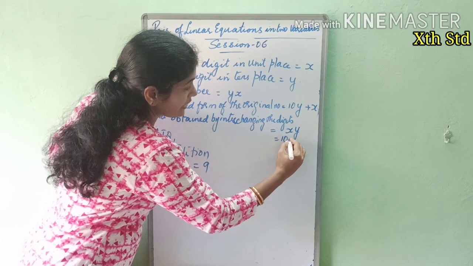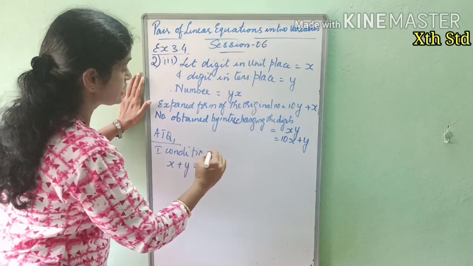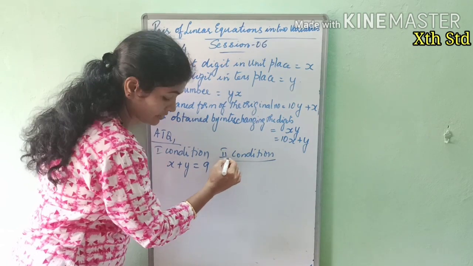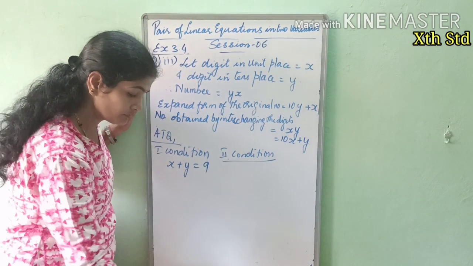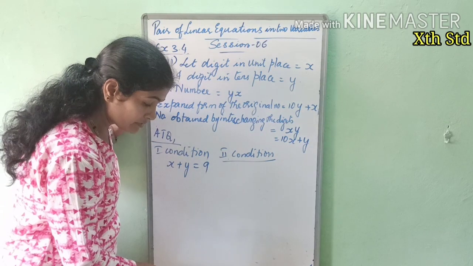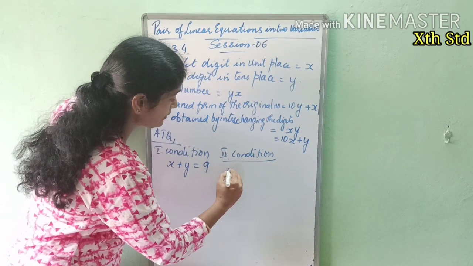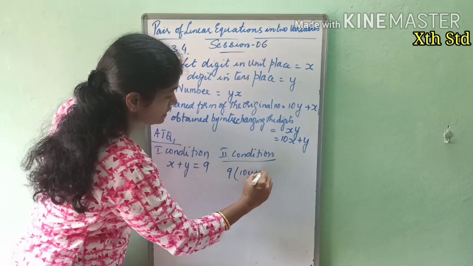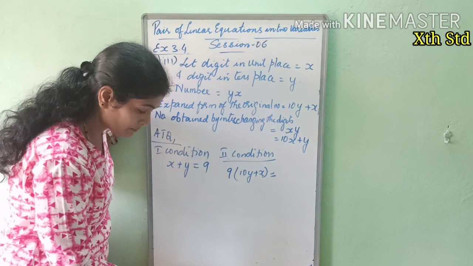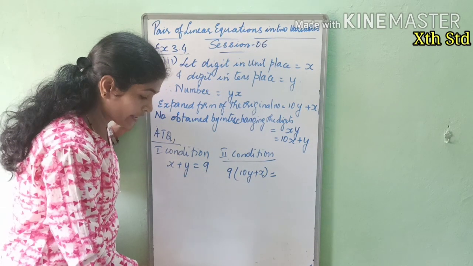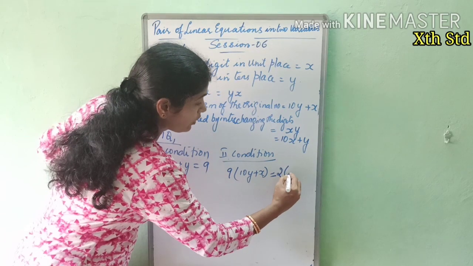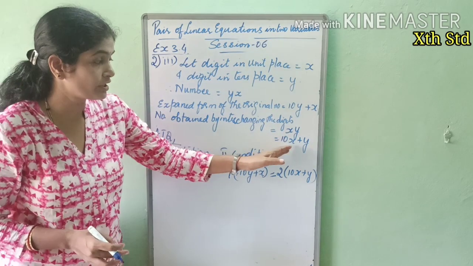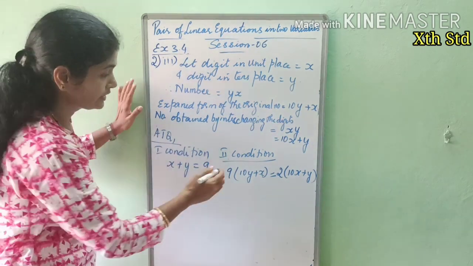So the number is 10x plus y. Fine. So what is the second condition? It says that 9 times the original number. Original number is 10y plus x. This is twice the number obtained by reversing the order of the digits. The number obtained by changing the order of the digits is 10x plus y. So this one. Now you simplify this.